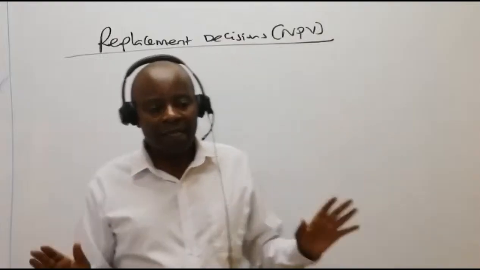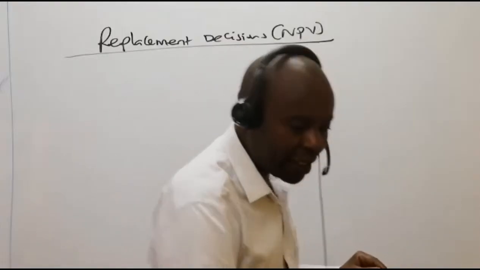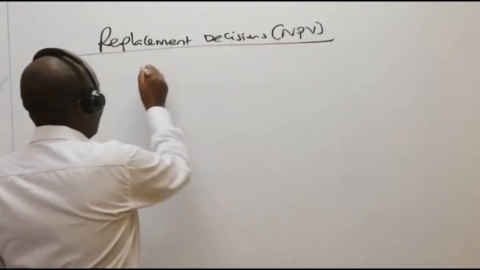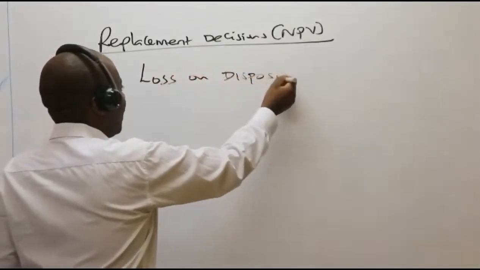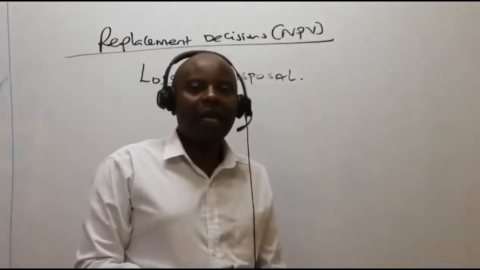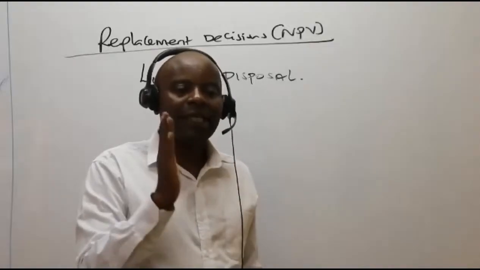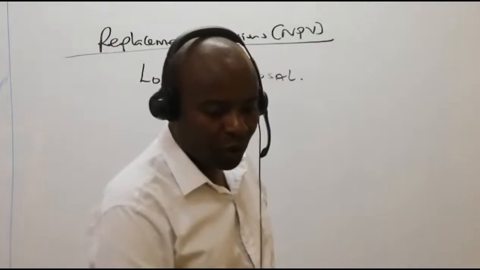And the very first thing we will do, ladies and gentlemen, is to calculate the loss on disposal. Come here and give us the loss on disposal. I'm telling you, you buy a machine today, a 10-year-old machine, and then at the middle, year number 5, you start selling it, chances are you'll make a loss. Straight away, you'll make a loss, yes. So what is the loss on disposal?